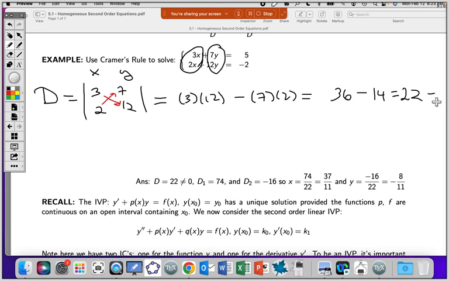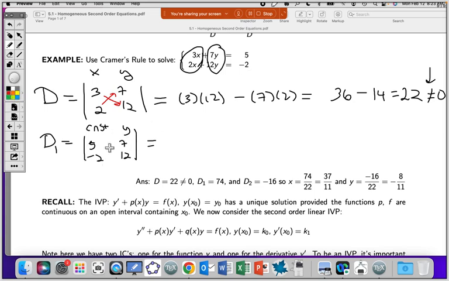And what's important about 22 is that it is not equal to 0. So we are guaranteed one and only one solution. So what is that solution? Well, for d1, we replace the x column with the constants. We'll keep the y column as the coefficients of y. So the constants here in order are 5, negative 2.